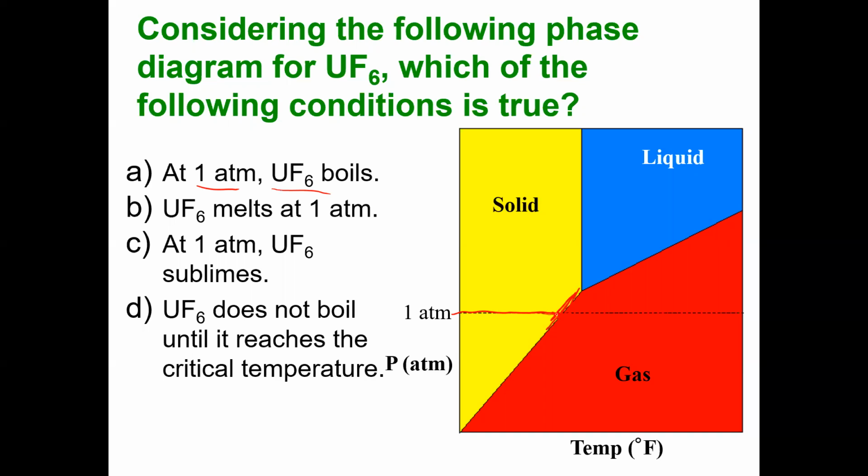This curve is my sublimation curve. So it doesn't really boil, it sublimates. Does it melt at 1 atmosphere? No. Melting means going from a solid to a liquid. And then, does it sublime? Or does it boil? Boil is going from a liquid to a gas. So the answer is C, it sublimes.